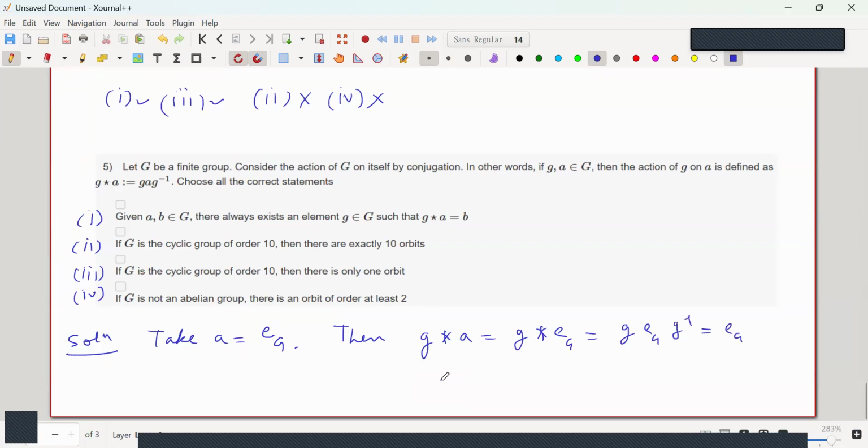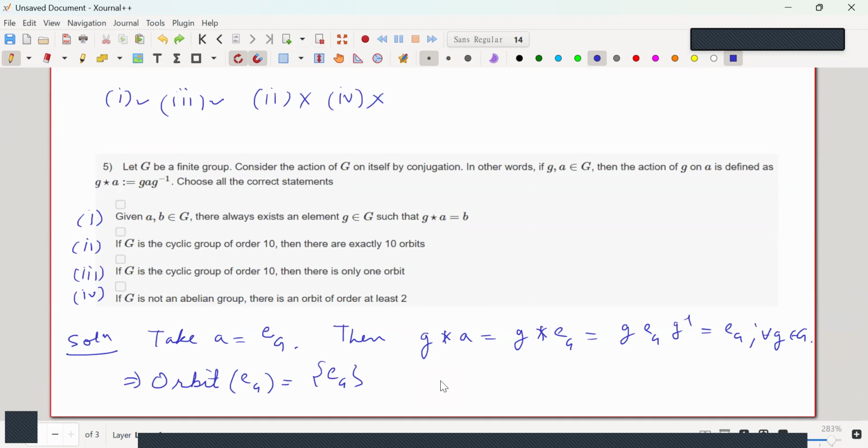That is again e_G, and that is happening for all g belonging to G. This implies the orbit of e_G is just the singleton set {e_G}. If it is understood, then I won't write it. By e_G, I just mean the identity of the group, right?